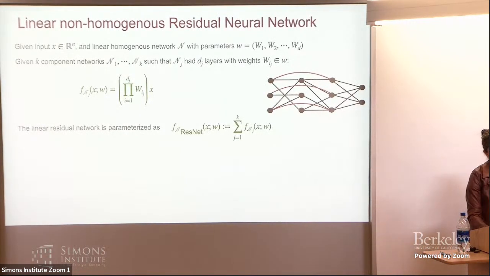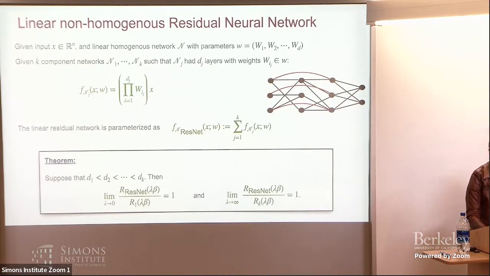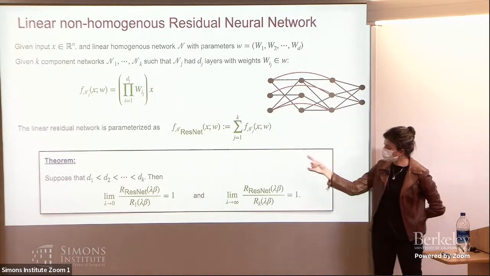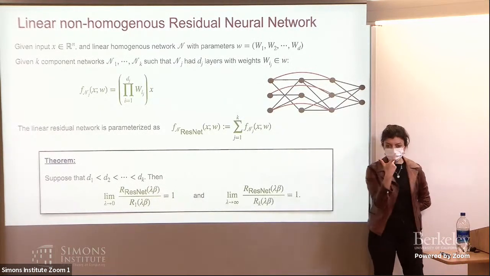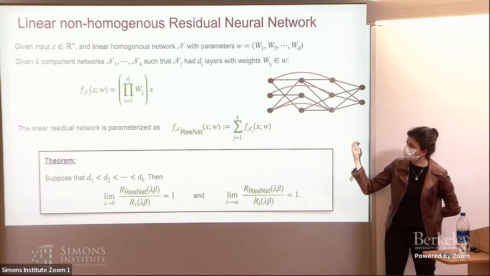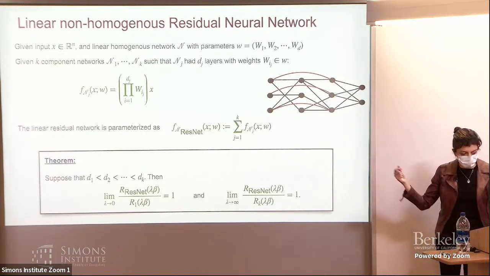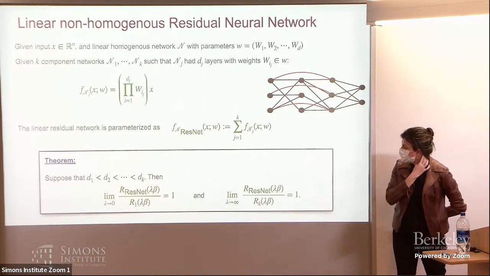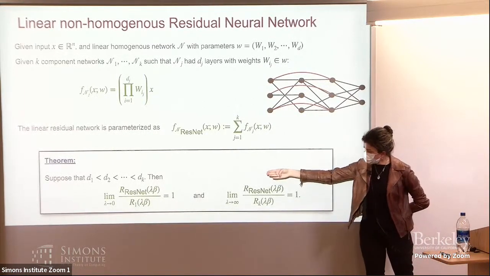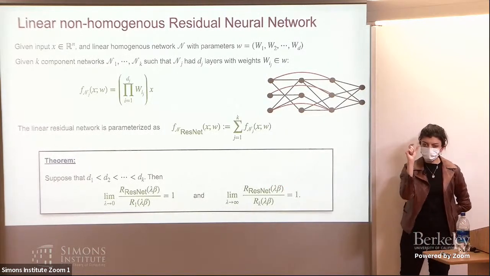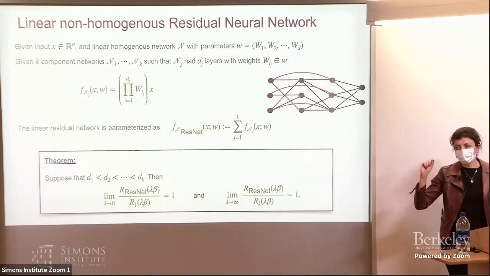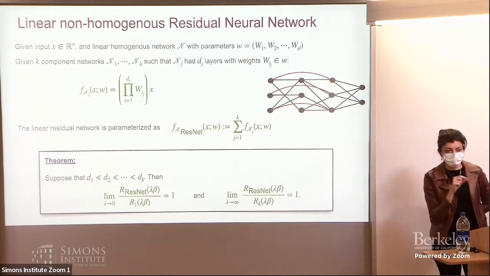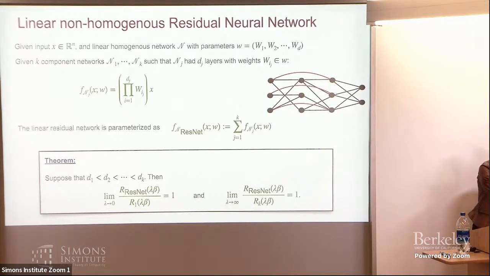Again, finding the closed form solution of representation cost of ResNets is very difficult, but we've shown that if we think about the depth of these component networks, such that the first one is the most shallow one and the last one is the deepest one, then for the first equation, this one says that if your input is extremely small, if the linear coefficients are very small, then the representation cost looks like the representation cost of the most shallow one.